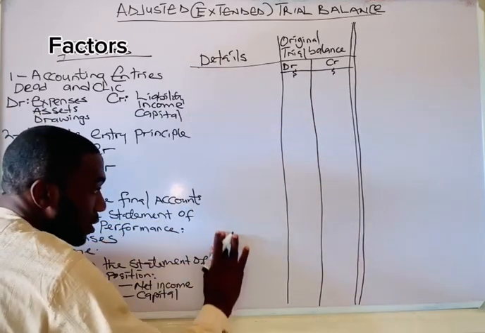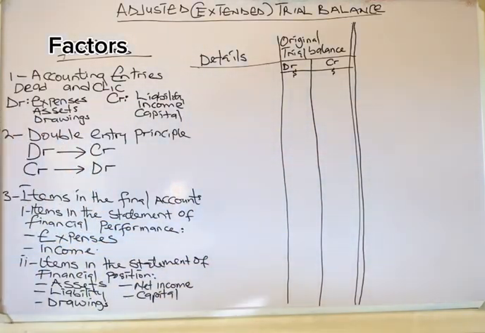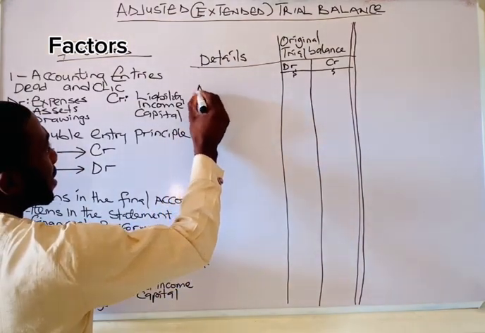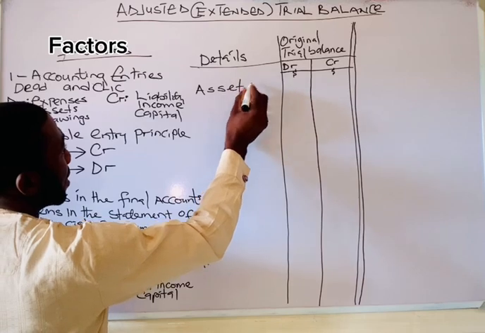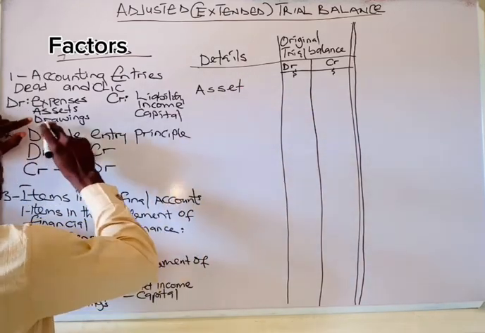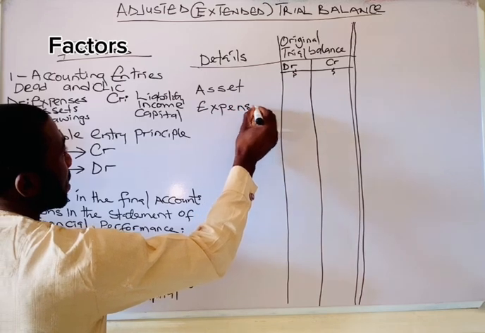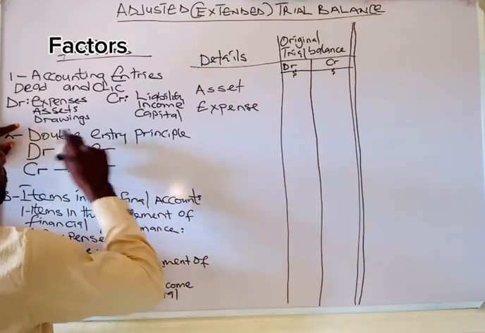This is where our details of the account will be. So let's say our details of the account: we say assets, and we have expenses, we have drawings.